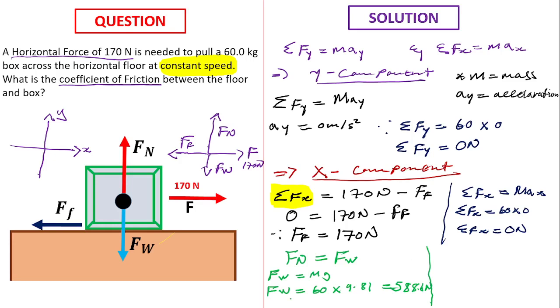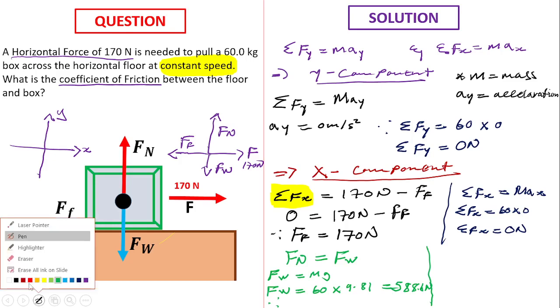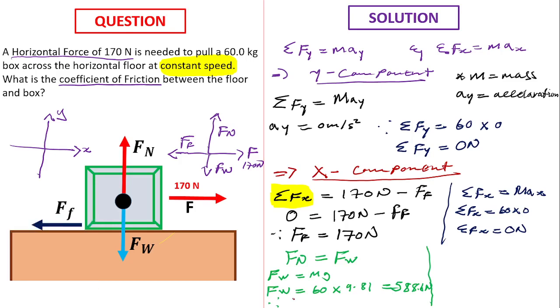Therefore, from this information, since Fn is equal to Fw, you need to understand now that the normal force is also equal to 588.6 Newton.